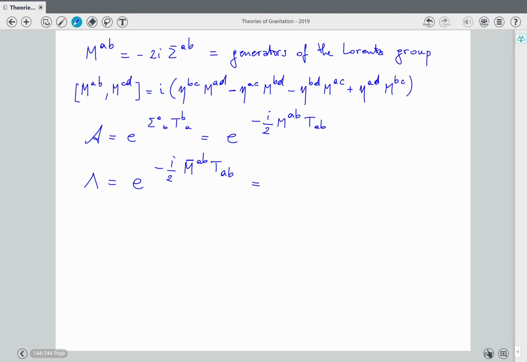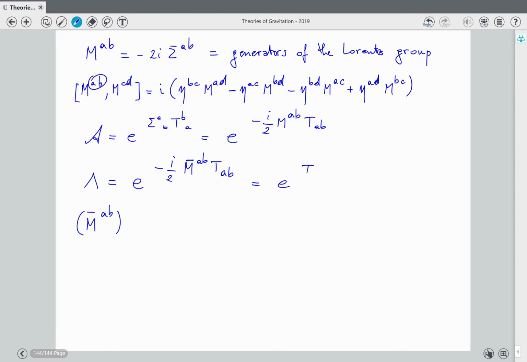And recall that lambda is just this. But we can write it in that way. And the representation of the Lorentz group is a matrix. So these are many matrices. So remember, they have an index A and B, but these are not the indices of them as matrices. They have other indices here, alpha and beta, spinor indices, if they are built with the gamma matrices.